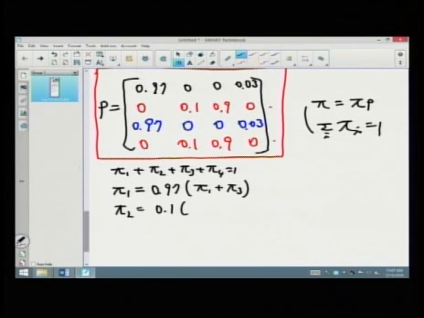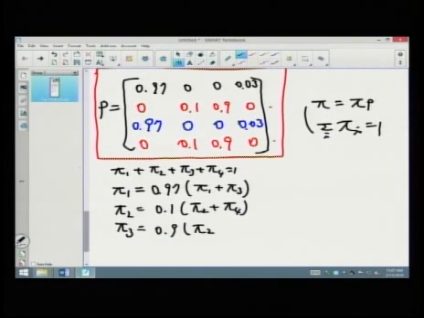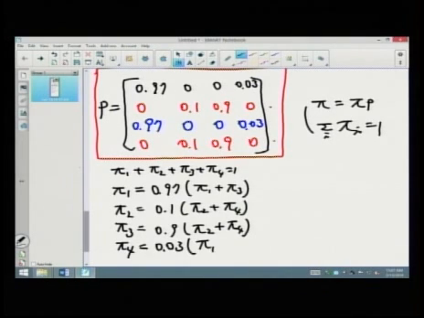So 0.1 times pi 2 plus pi 4. Likewise, pi 3 is 0.9 times pi 2 plus pi 4. And then pi 4 equals 0.03 times pi 1 plus pi 3. Is that right?